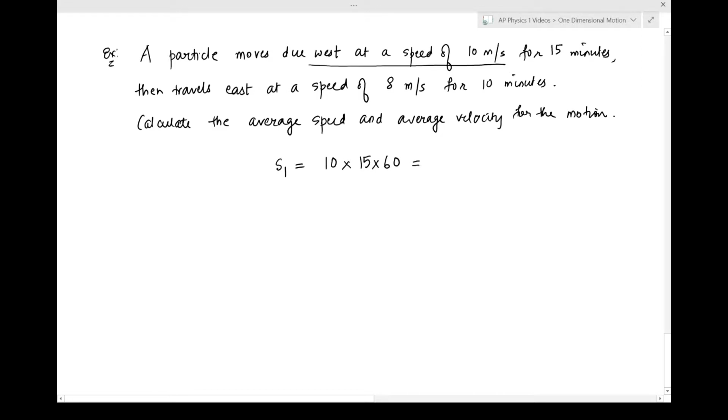So this ends up being 9,000 meters. But this is also 9,000 meters west. Just let's make sure we remember it moves to the west. Now in the second part of the motion, S2, let's call this, it travels at a speed of 8 meters per second, does this for 10 minutes, and to convert it to seconds, we multiply it by 60, and we end up with 4,800 meters due east.